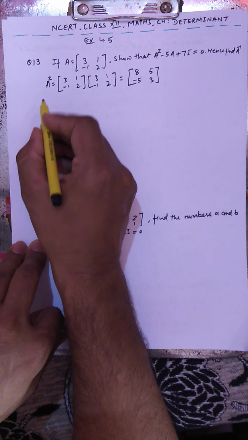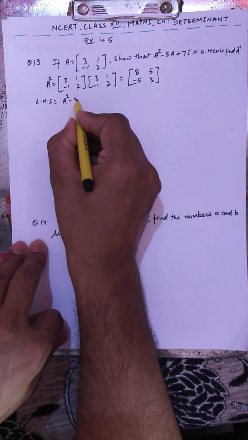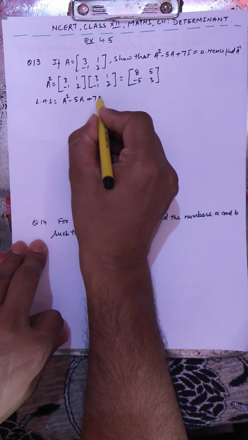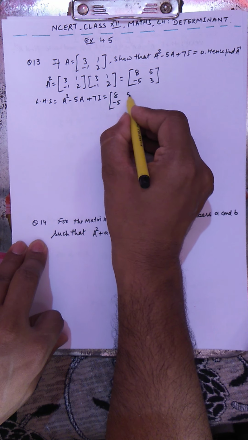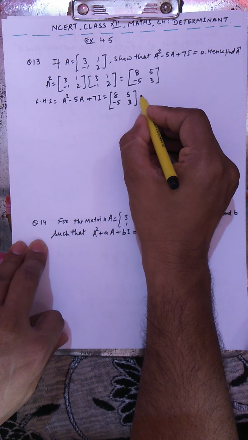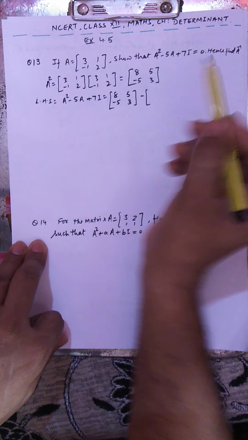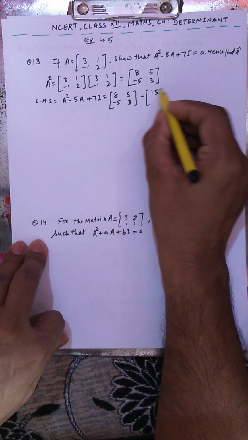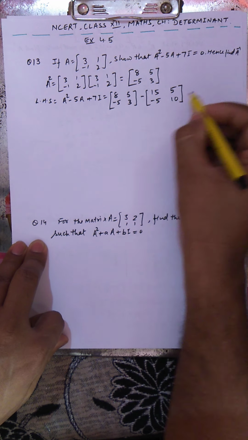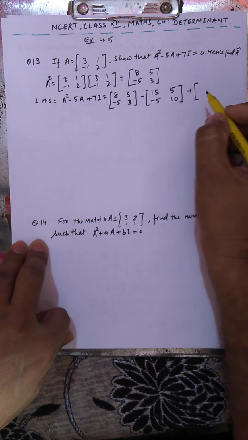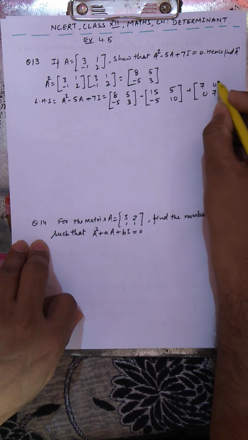Now we'll take the LHS: A square minus 5A plus 7I. A square we have found, this is 8, 5, -5, 3, and 5A means 5 should be multiplied by all the elements of A. So this is 15, 5, -5, 10, and 7I means the identity matrix multiplied by 7. So this will be 7, 0, 0, 7.